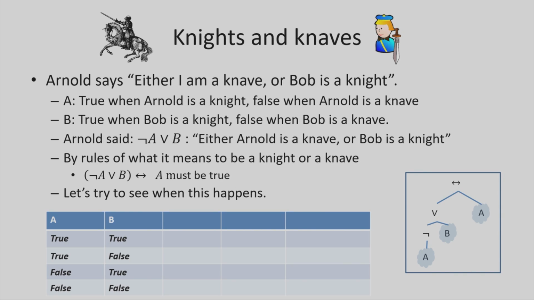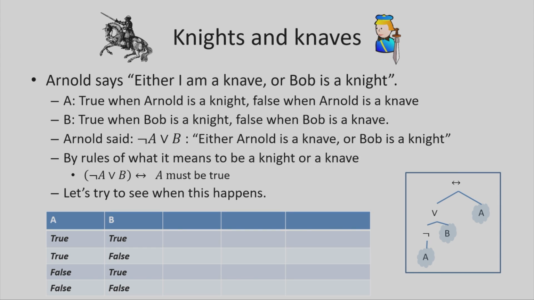Let's try to look at all the possible situations. Arnold can be a knight or a knave, Bob can be a knight or a knave, and see what happens in each of them. And the way we will do it is we will go up in our syntax tree, and for every node in the tree, for every connective, we will try to determine what value it gets in every scenario. So let's start.